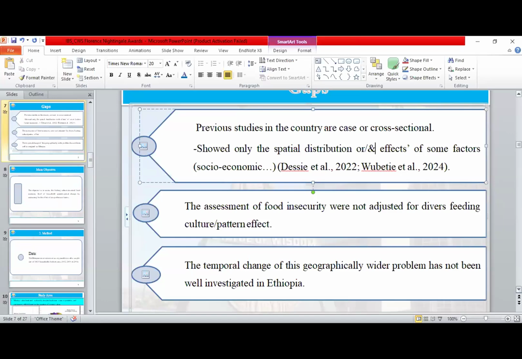From the literature, we find gaps. Previous studies in the country are case or cross-sectional studies, which only show the spatial distribution or the effect of some factors like socioeconomic, demographic, or other factors. And the assessments of food insecurity were not adjusted for diverse feeding culture or pattern effects.